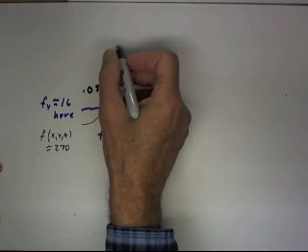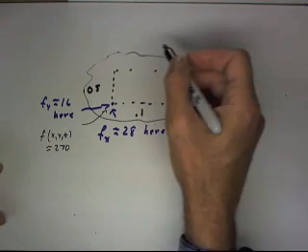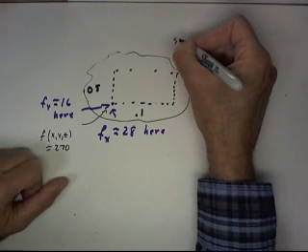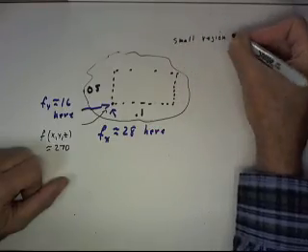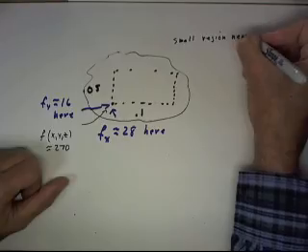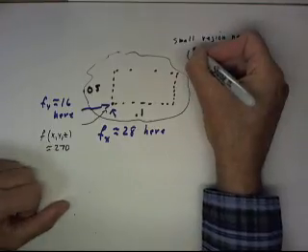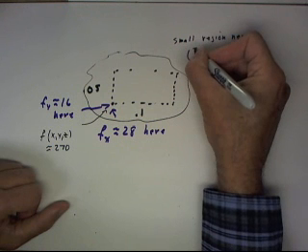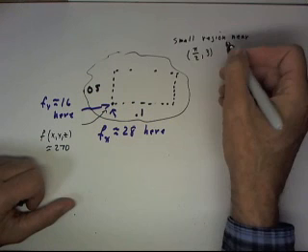Now let's assume that we've got some small region near the point, our point was pi over 2, 3.